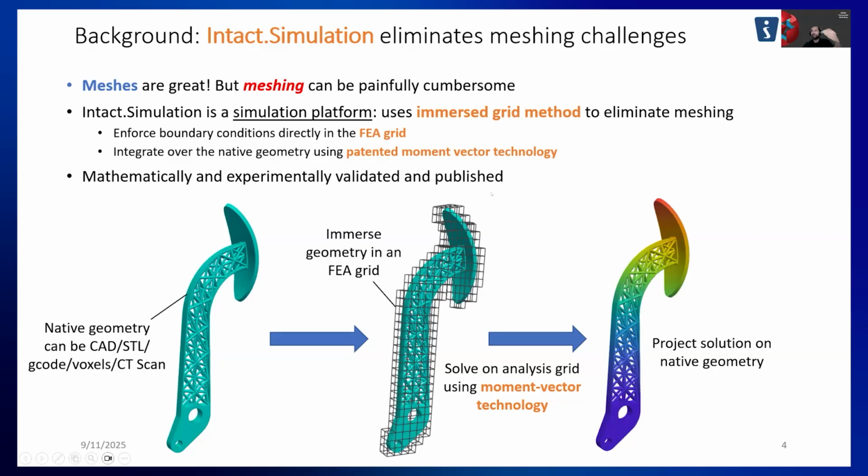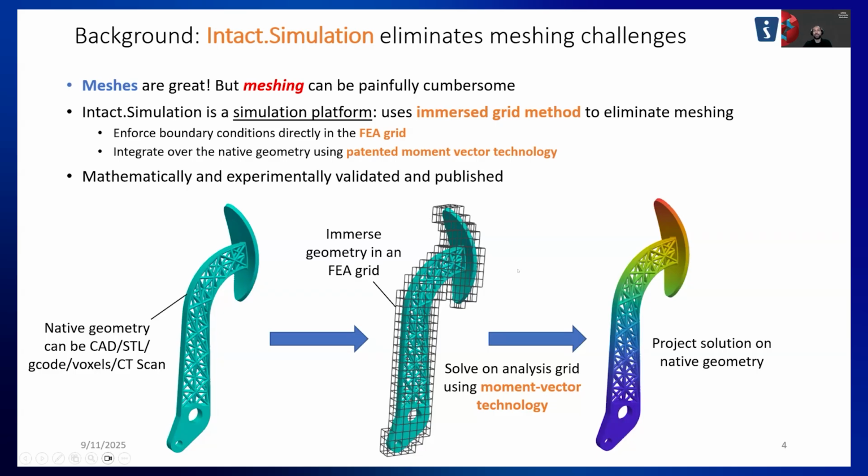Now, once you have this background grid, you need to solve two problems. One is you have to enforce boundary conditions. If there are loads applied, if there are Dirichlet boundary conditions, etc., you want to apply them on the FEA grid. So that's one challenge. The second challenge is that you need to compute stiffness matrices and mass matrices, which means you need some kind of integration routine.